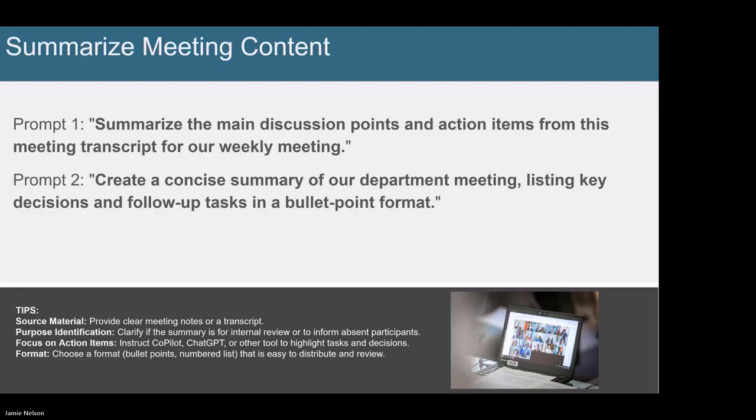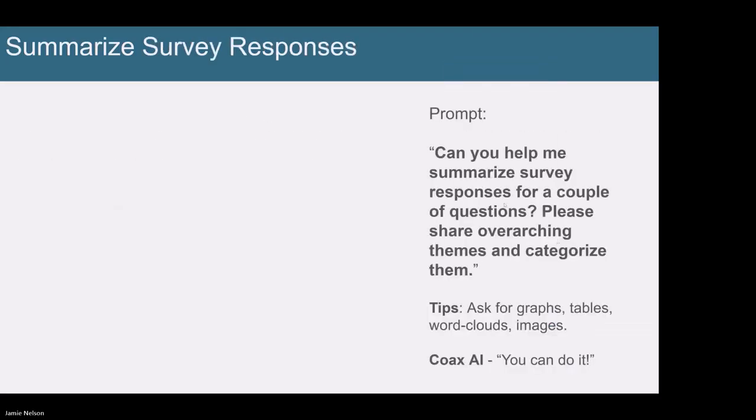The other thing is, a lot of times our meetings now come as a transcript or meeting notes, or some sort of document. You can upload that into your favorite LLM and ask it to give you the action items from the transcript, or tell it to create a summary of our department meeting and give key decisions and follow-up items. So you can take that information and upload it, or if it's embedded in a tool like Teams, we're seeing more of Copilot being embedded in Teams.